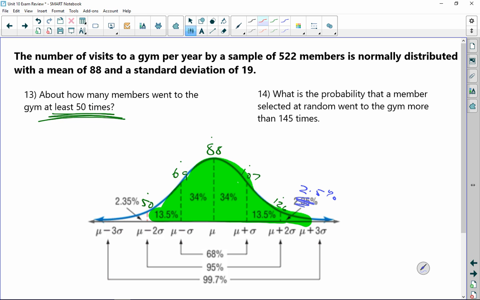Okay. So now what I'm going to do here, I need to include all that portion size. Now, that's just for 100%. Everybody with me? I actually have 522 members. Okay? Yes. So, let's see, 68 plus what? What's 13.5 and 13.5? 27? Yes. And then I have to include the 2.5, right?